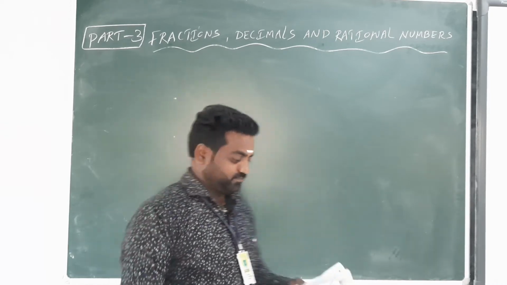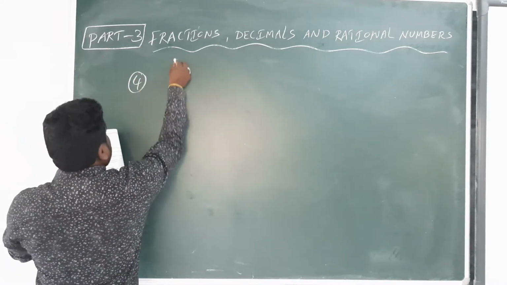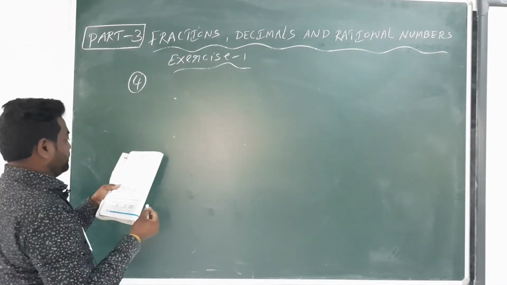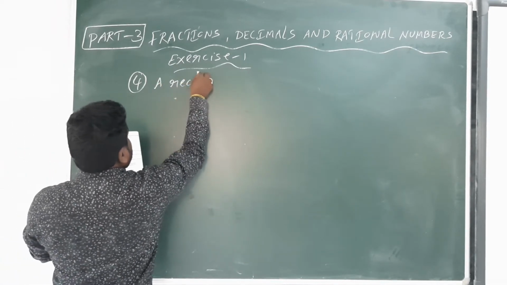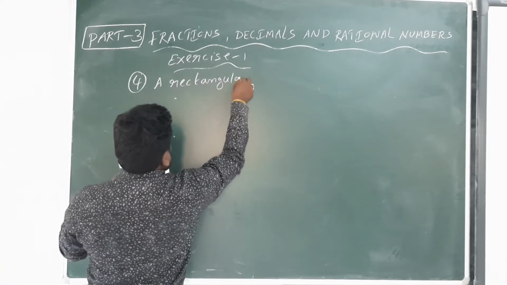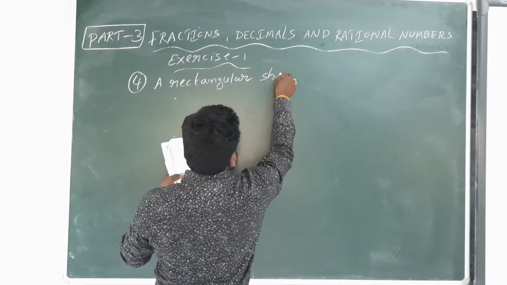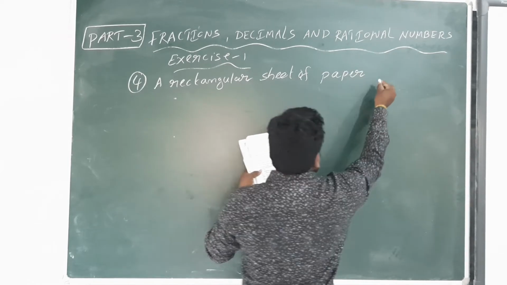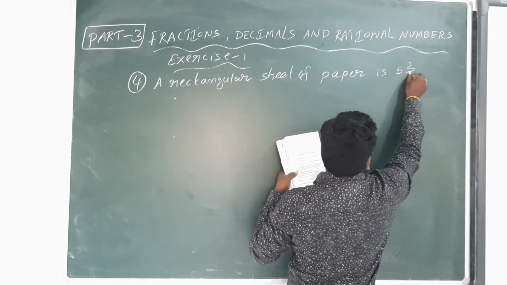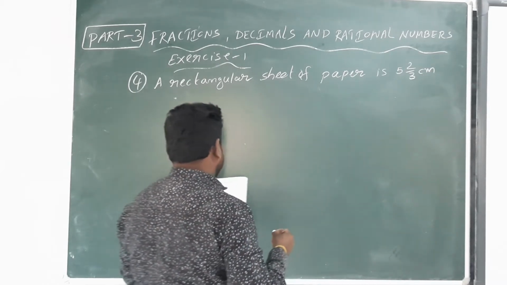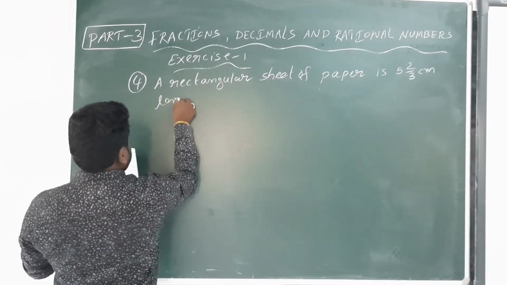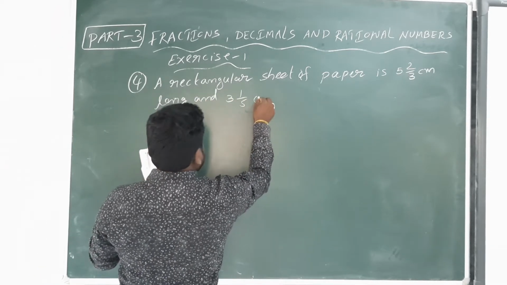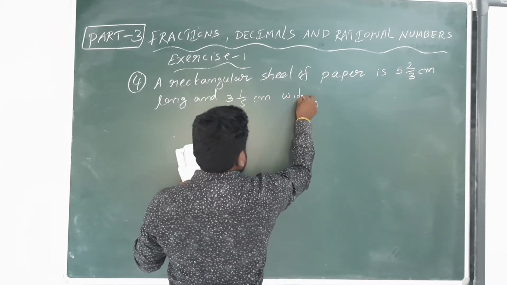Exercise 1, question number 4. A rectangular sheet of paper is 5 2 by 3 centimeters long and 3 1 by 5 centimeters wide.